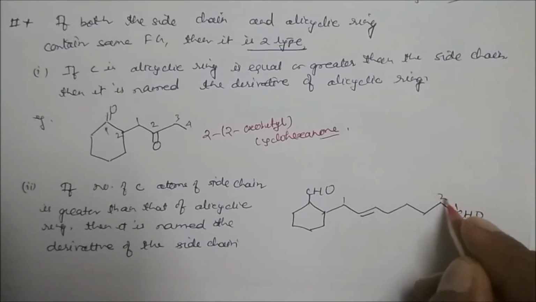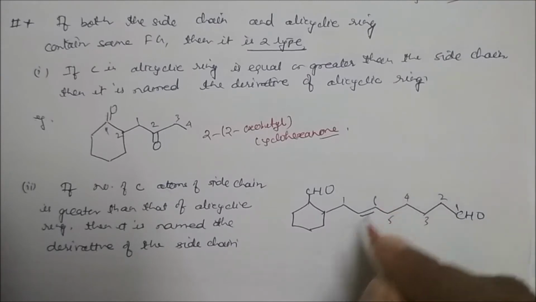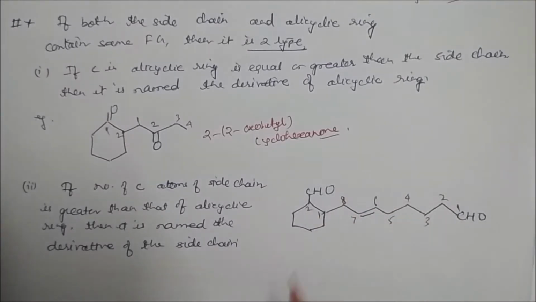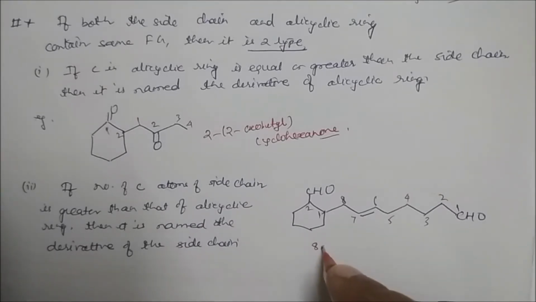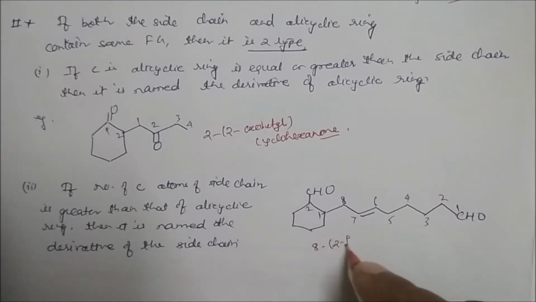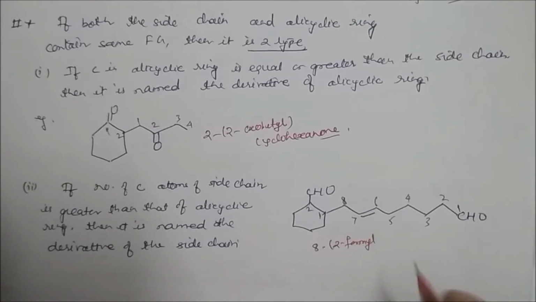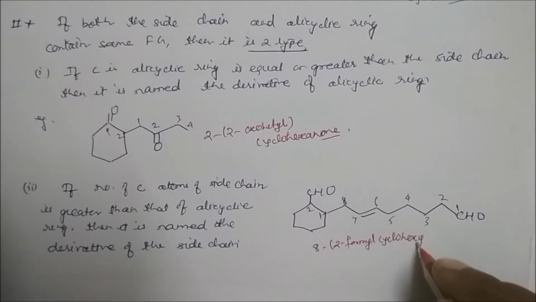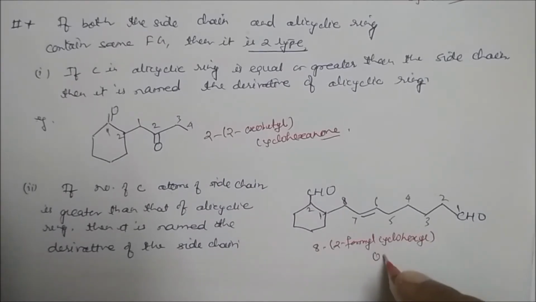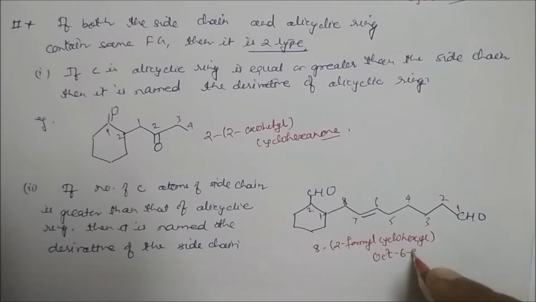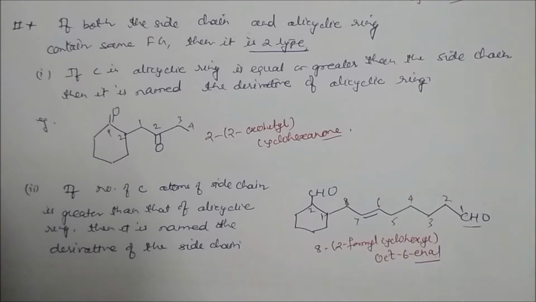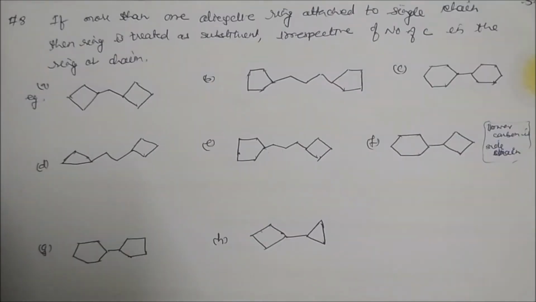We can count 1, 2, 3, 4, 5, 6, 7 and 8, right? And this is again 1, 2. So 8 is there, and then it becomes 2. This 2 is formyl. Let us look very carefully: 8-formylcyclohexyl, right? And this becomes oct-6-enol, right? Al for aldehyde and en for this one. So this is the nomenclature for this compound under this rule.